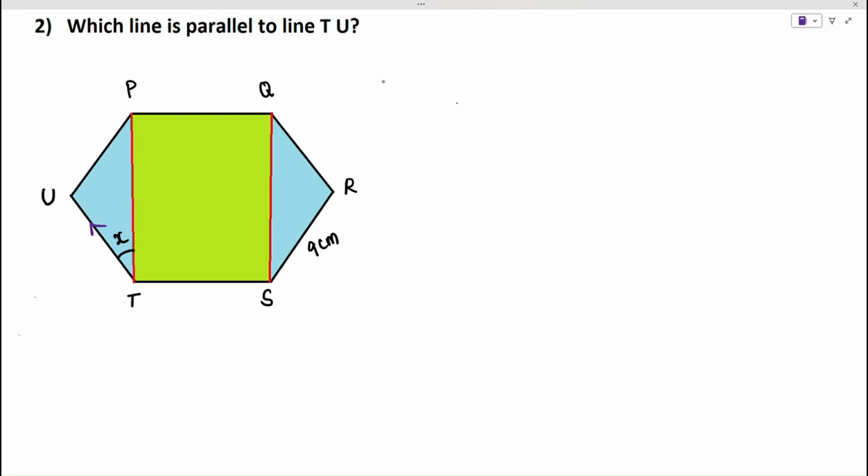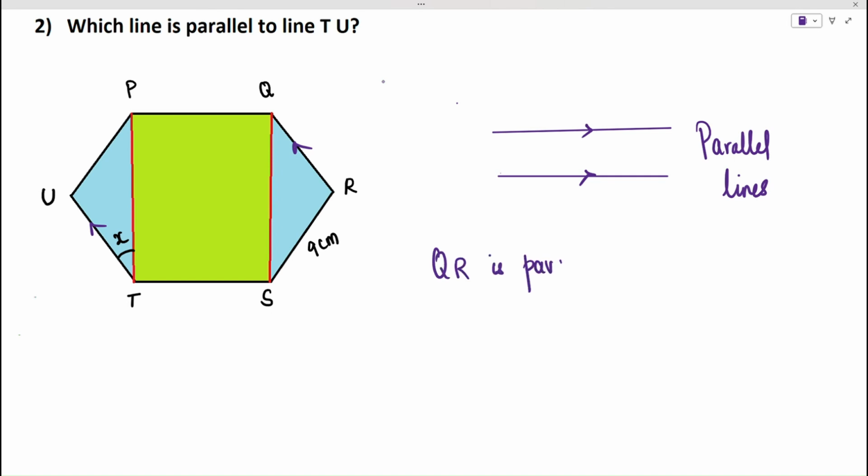Parallel lines are 2 lines that go in the same direction, but they never meet. And so we have to find which of the sides of this hexagon is parallel with TU. And this can be easily identified as QR. So QR is parallel to TU.